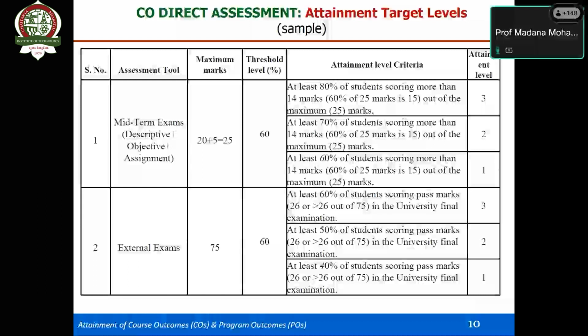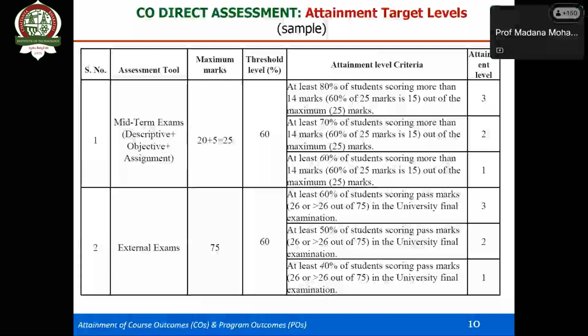That is based on your regulation, internal evaluation, external evaluation, then based on the core committees or course expert groups or department level committee, whatever name you call it. So whichever faculty are teaching a particular course, maybe 2 to 3 together, we have to identify the target level.